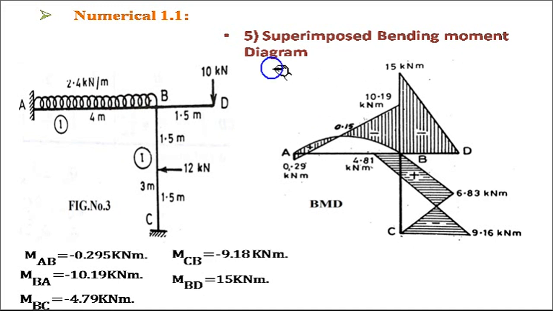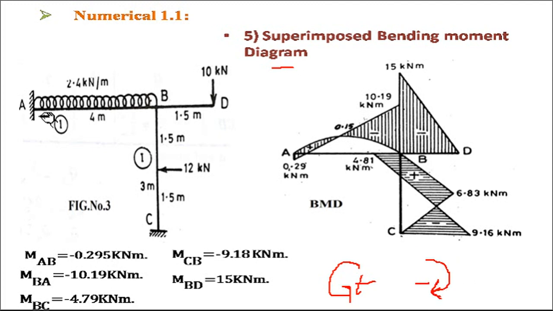superimposed bending moment diagram. Here again, anticlockwise moment we consider positive, and clockwise we consider negative. In member AB the moment is minus 0.295. As it is minus, the moment is acting in clockwise direction.